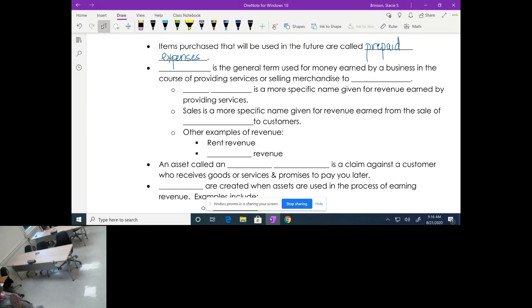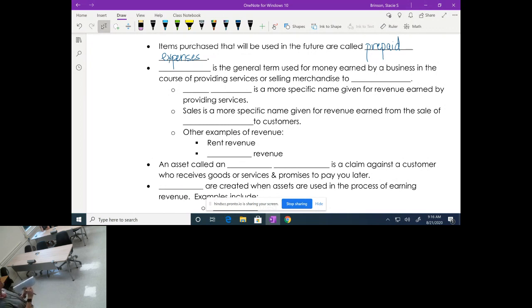Those are things we're going to use and they will be expenses, but they're not right now. We've paid for them ahead of time, so they're prepaid expenses. So supplies would be a prepaid expense account.